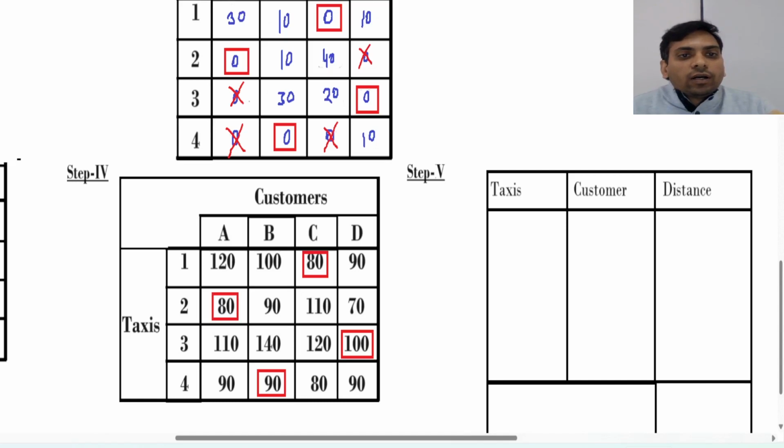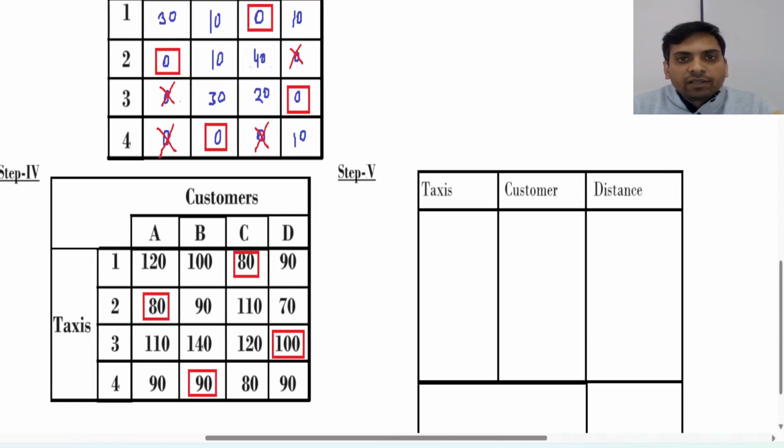Now we can say taxi 1 is allocated to customer C, taxi 2 is allocated to customer A, taxi 3 is allocated to customer D, and taxi 4 is allocated to customer B. Done?